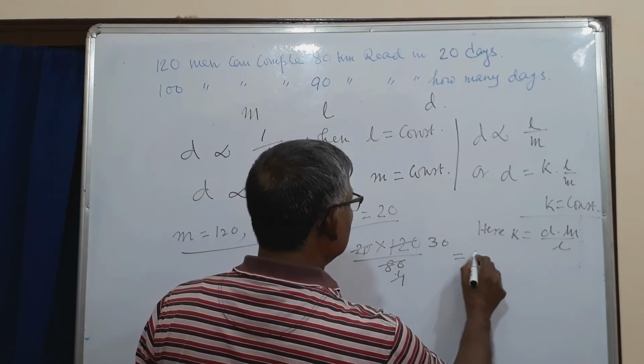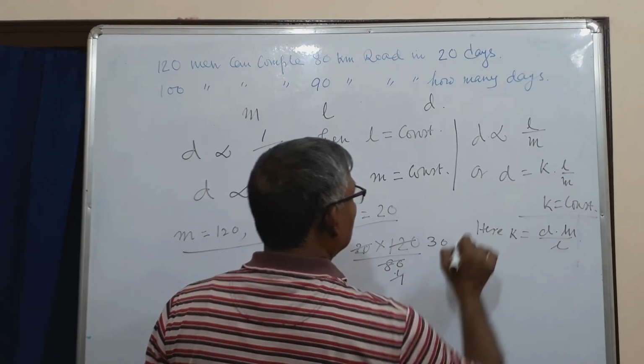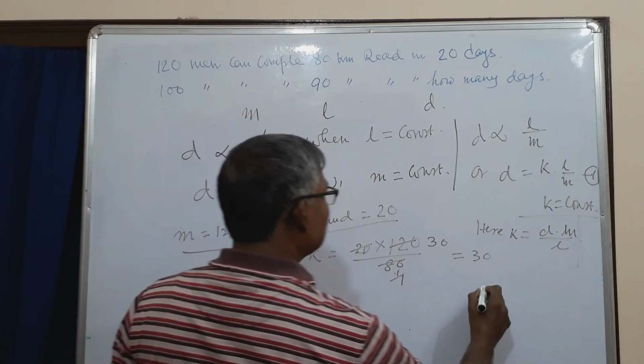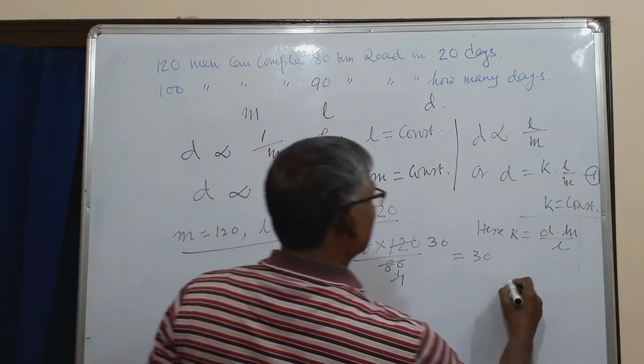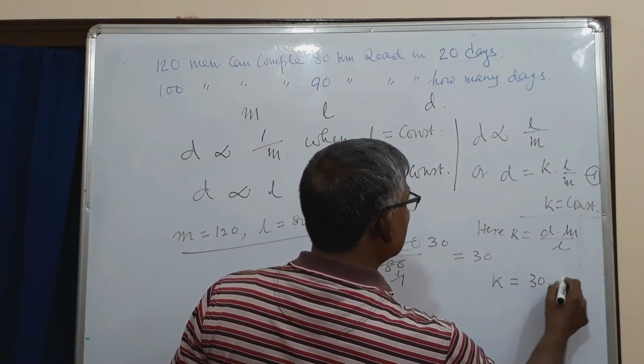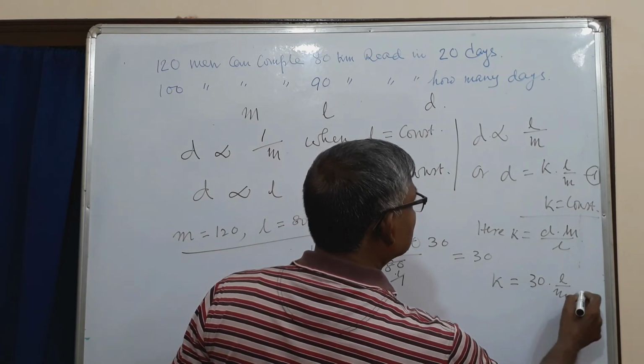So k equals 30. Let us put this value in 1. Suppose it is 1. So the relation is k equals 30 into L by m.